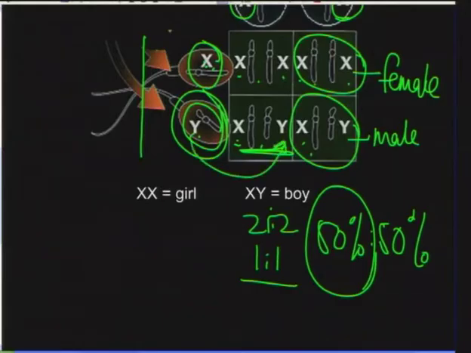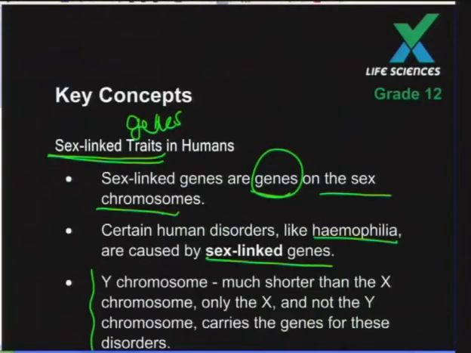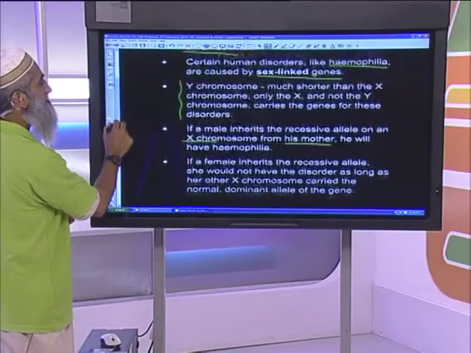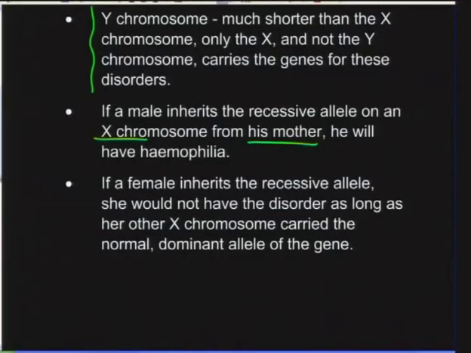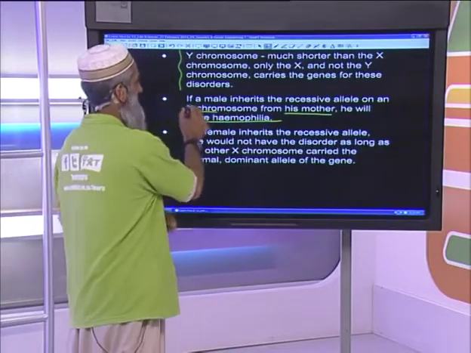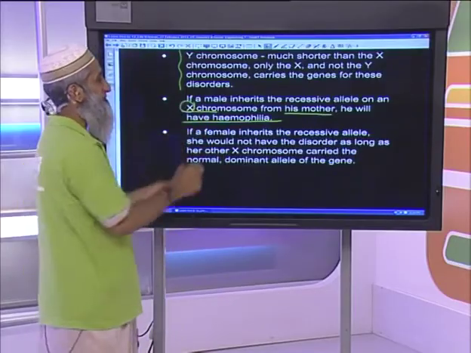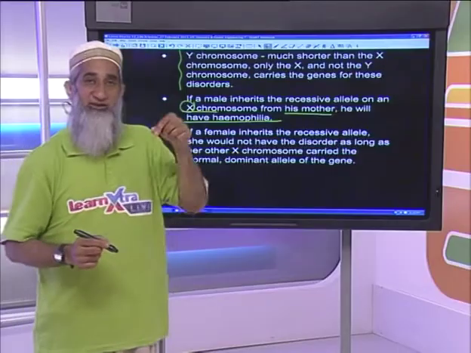This X he got from the mother. That's what you've got to keep in your mind as we talk. So, if a male inherits the recessive allele on an X chromosome from his mother, he will have hemophilia. If his mother had hemophilia, or even if she was a carrier, and she transferred this X chromosome to him, then he would have hemophilia.